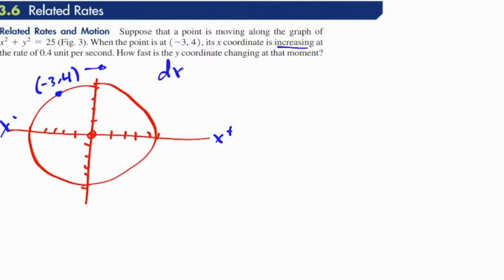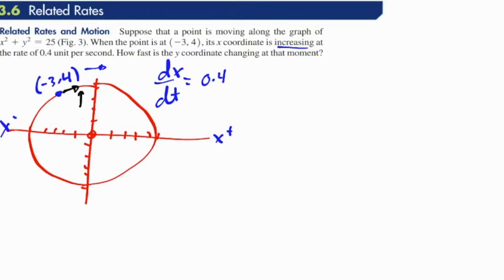And we can say that dx/dt is equal to 0.4. And just to make sense of this, if we're moving in this direction, we see that the y values are going up. So we would expect dy/dt to be increasing as well. So we expect a positive result for dy/dt. That's just a little bit of graphical analysis.